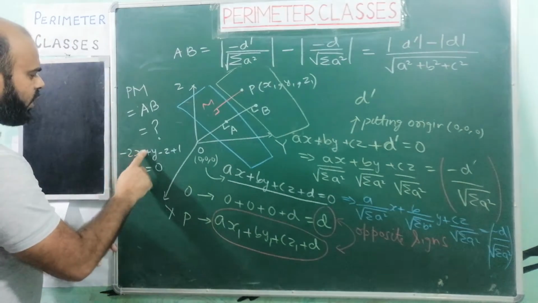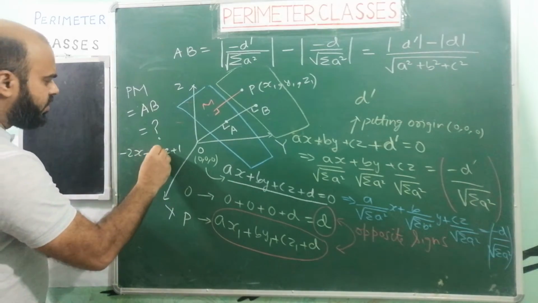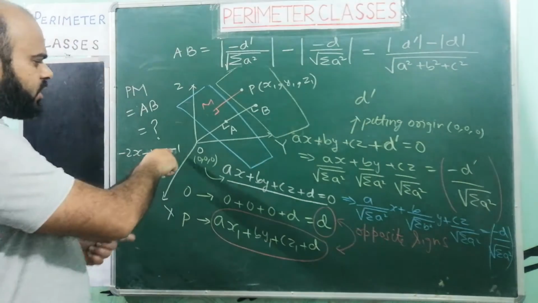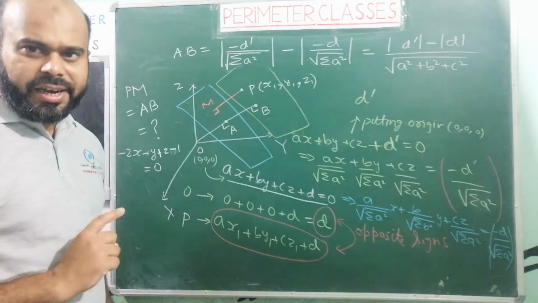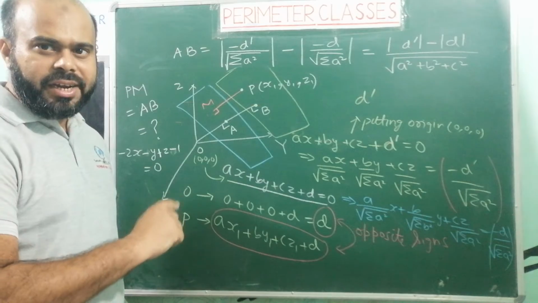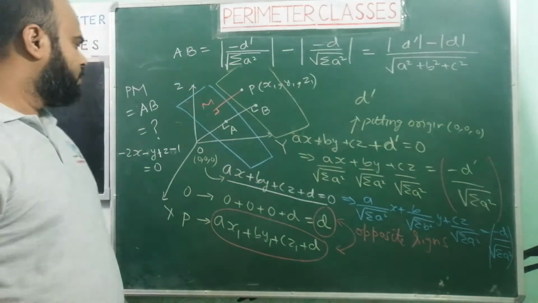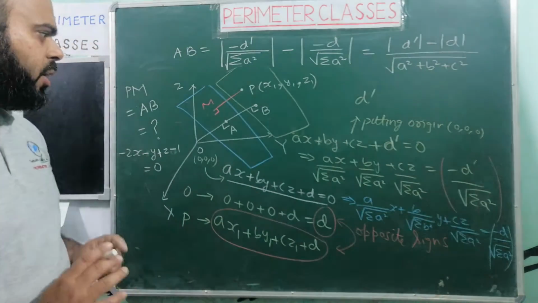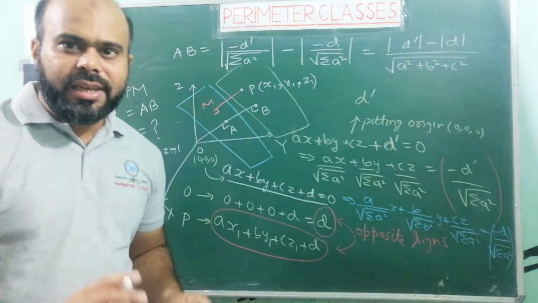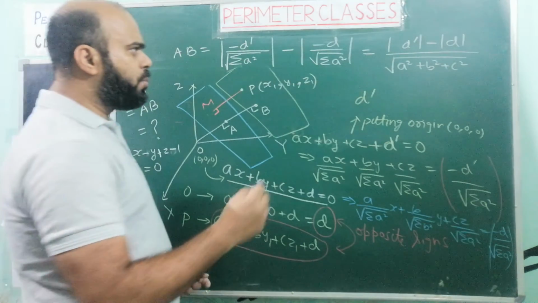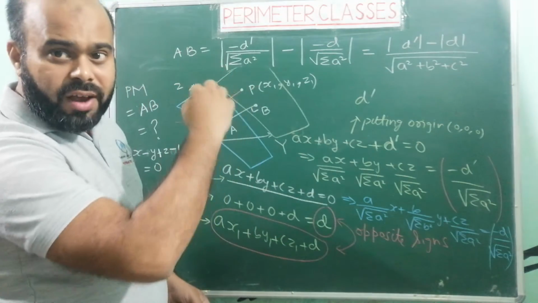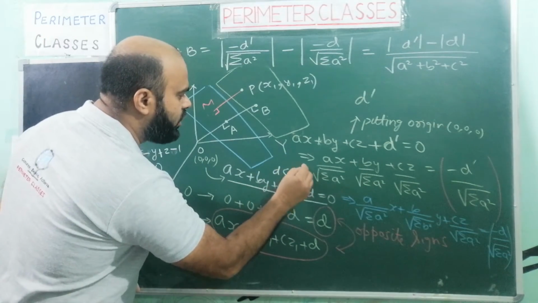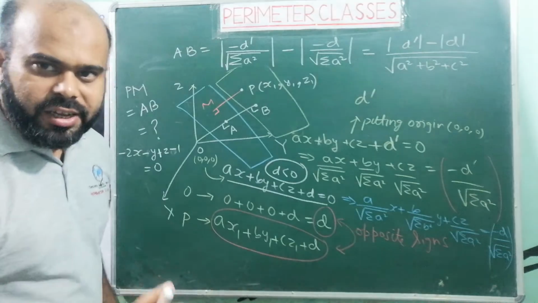We write minus 2 here, minus here, plus here, and minus 1 here. So d can be made negative by multiplying by a negative sign on both sides. So we can make d negative comfortably, and this was part of our assumption in the given equation, that d was negative.